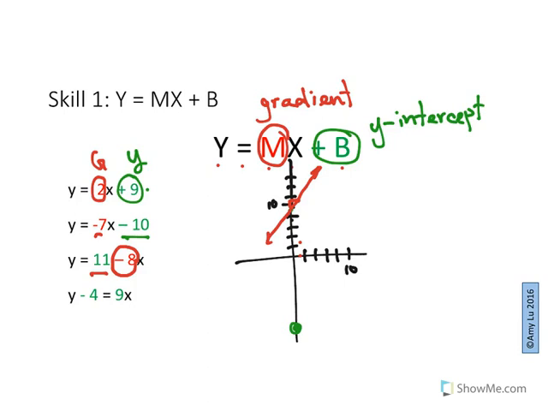Now the last one is a bit deceiving because you have y with the -4. You have to remind yourself in algebra to move that -4 over. When we move something across the equal sign, remember, it becomes its opposite. So that becomes +4. So your y-intercept is actually positive 4. So it'd be somewhere down here, for example. And your gradient is just 9.